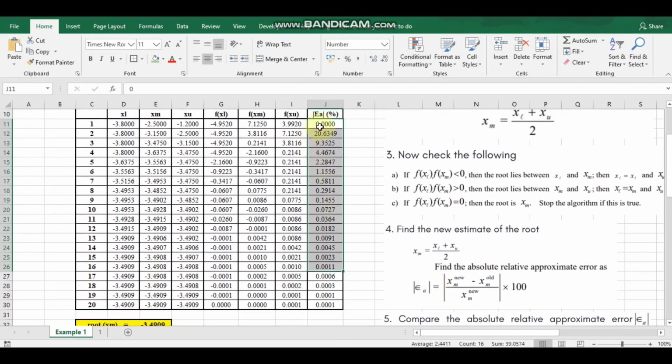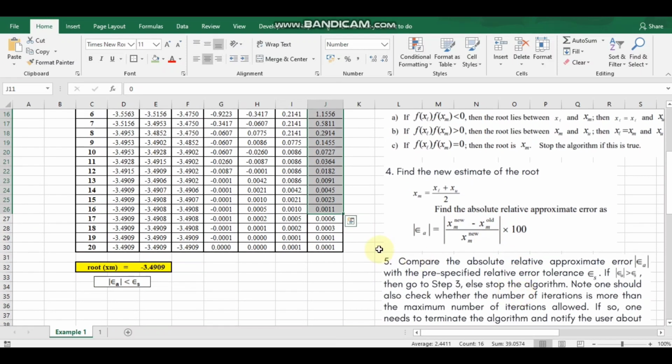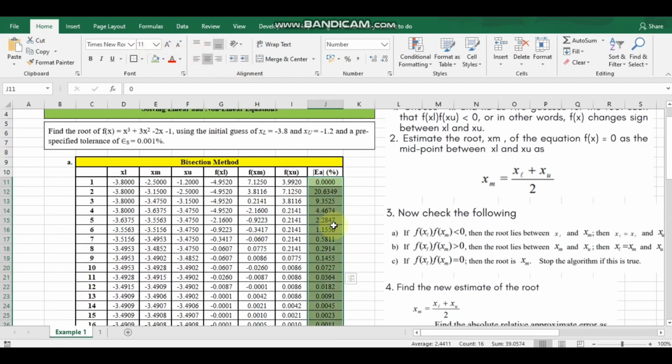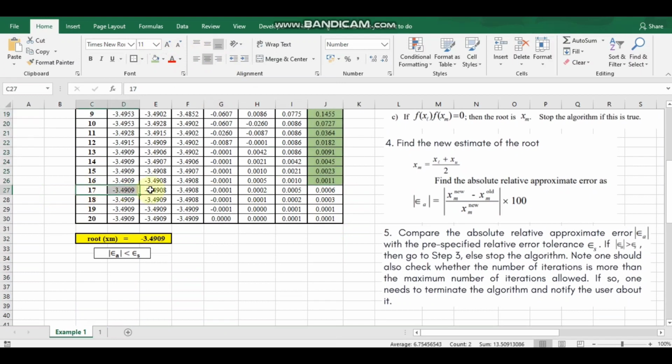As we can see, the iterations from 1 to 16 are all greater than the pre-specified relative error tolerance. And for our 17th iteration, it is less than the pre-specified relative error tolerance.